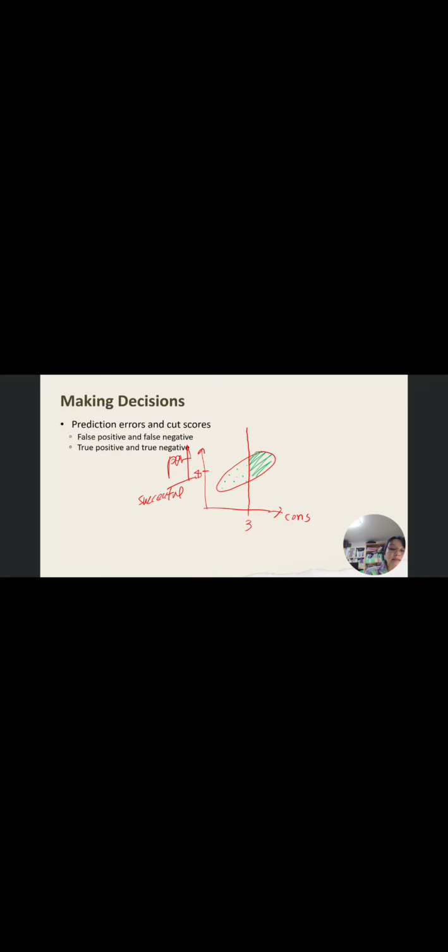Let's say this is like the number of publications that you need to have, or the number of contracts that you need to earn. So if you're more than 4, then you are successful in a job. If you're less than 4, then you're not successful.